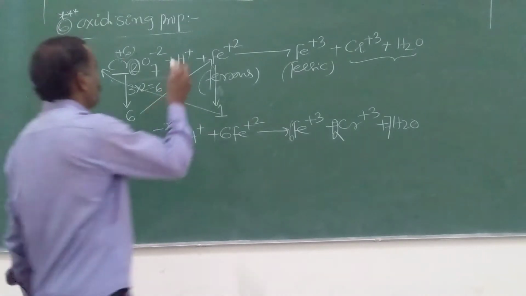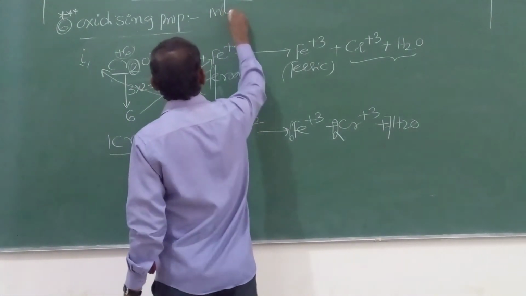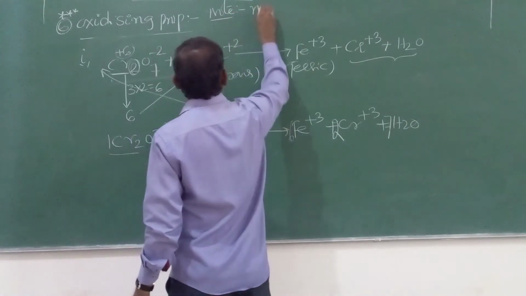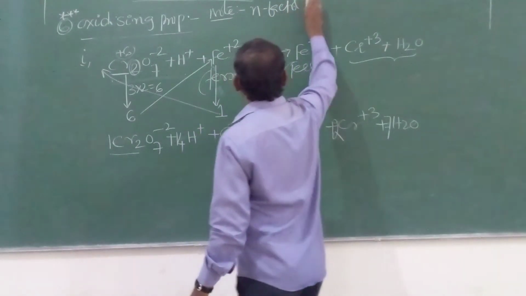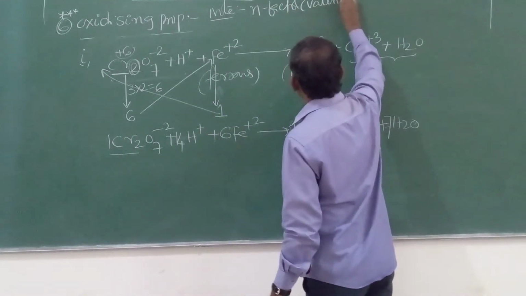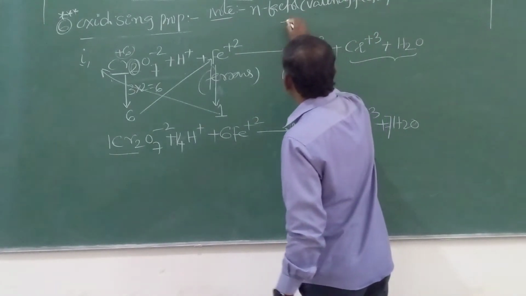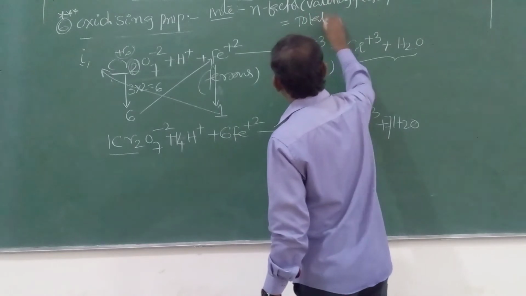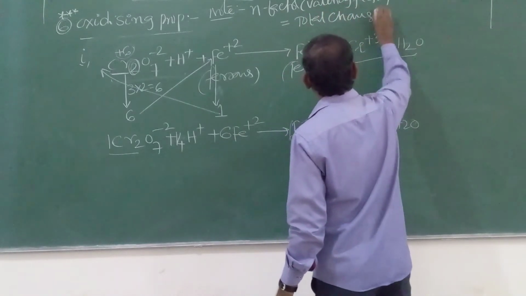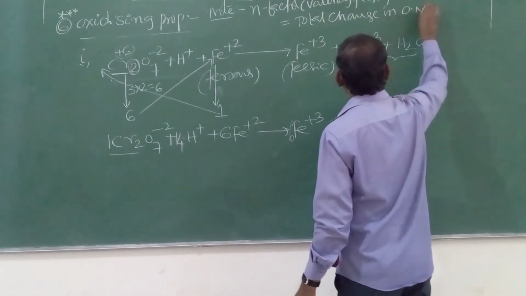After completion of this, just you have to write down a note: n factor or valency factor. For KMnO4 also we are applying this technique. It is equal to the total change in oxidation number.